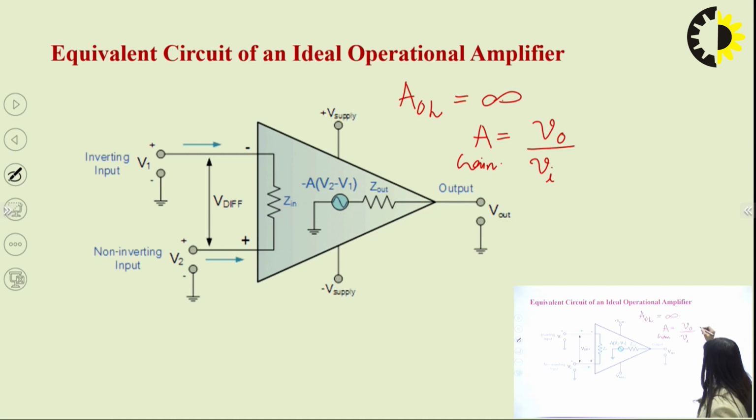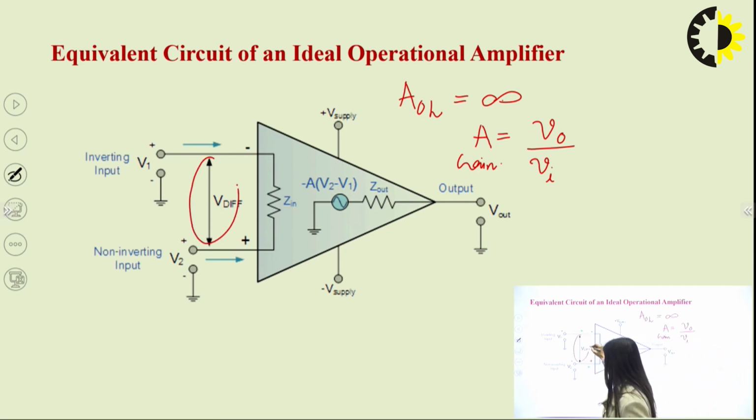Now, if VO upon VI is my gain, and A is infinite, then it simply means that my Vi should be 0. Now, what is Vi? Vi here is V difference. Just listen very carefully. What is the input voltage here? The input voltage here is the difference between the voltage at the positive terminal and the voltage at the negative terminal.